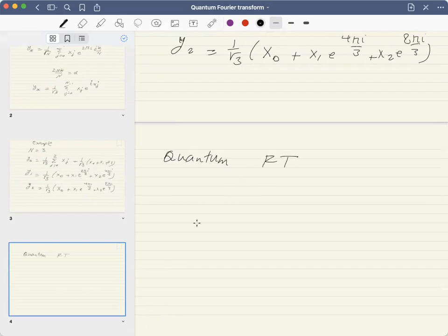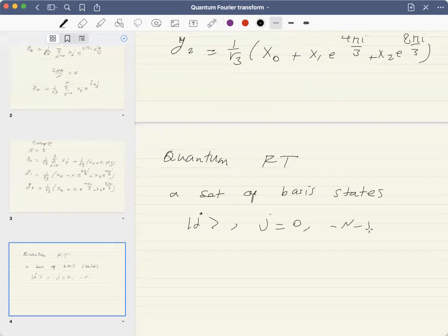So now suppose I have a set of basis states. Let's call them j equals 0 to n minus 1. For example, if you have 2 qubits, j will take 4 values. In general, if you have n qubits, it's going to be 2 to the n different values.